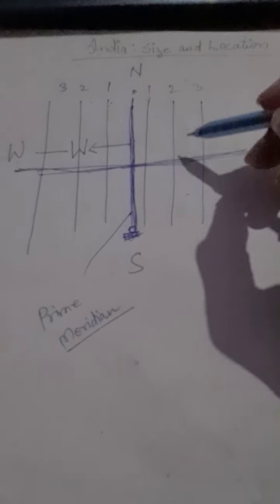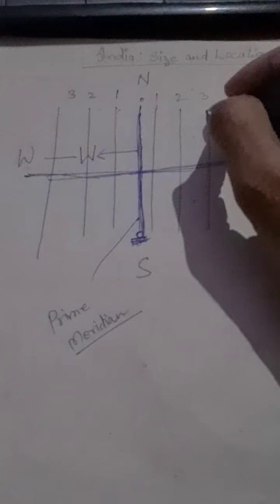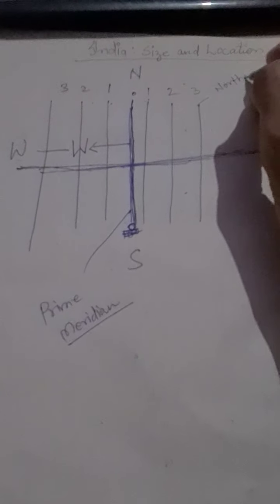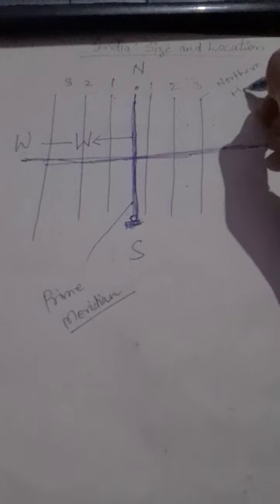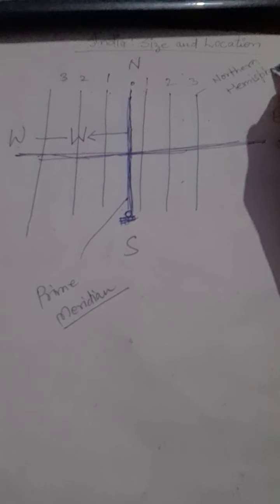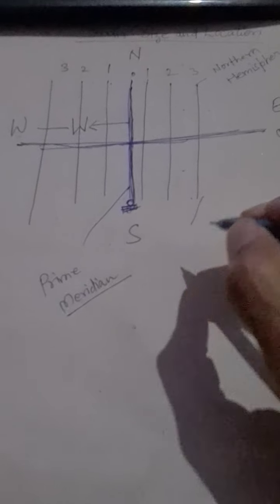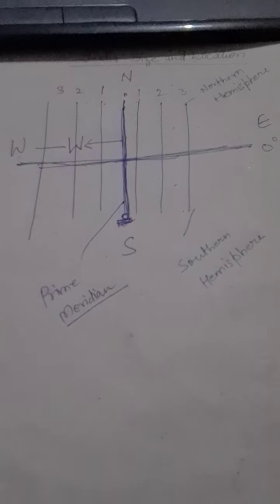When we look above the equator, this is considered the northern hemisphere, and this part is considered the southern hemisphere. So according to its location, we are talking about the location of our country.